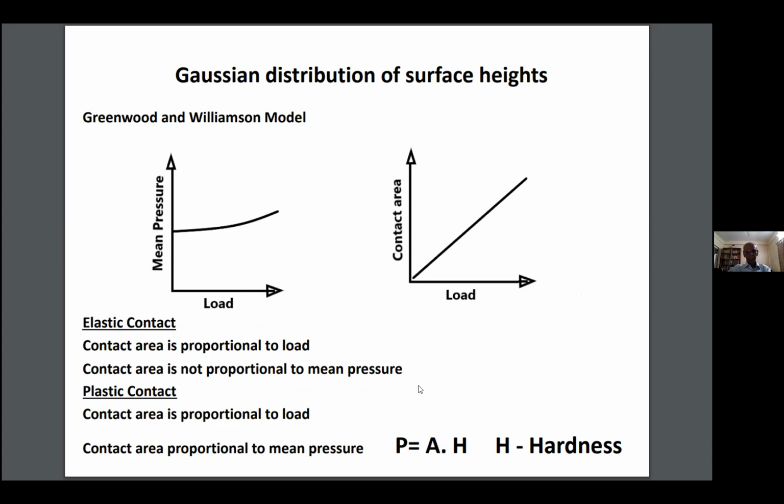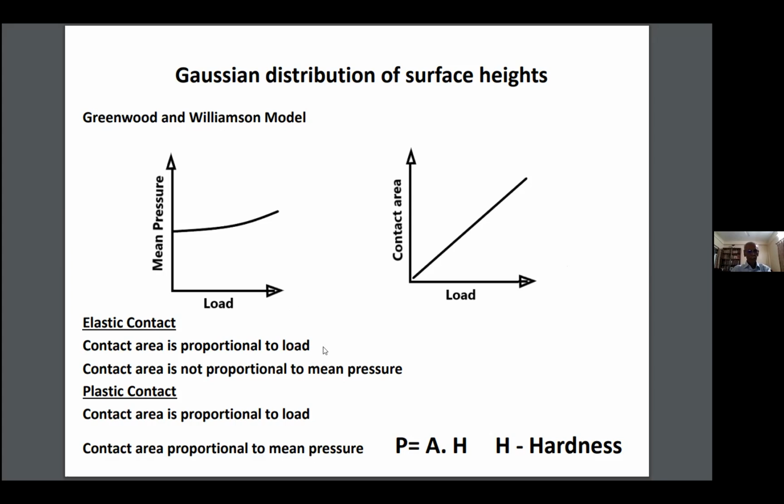Mean pressure is proportional to the contact area, or contact area is proportional to the mean pressure. And the contact area is proportional to load. So this is a very important conclusion.